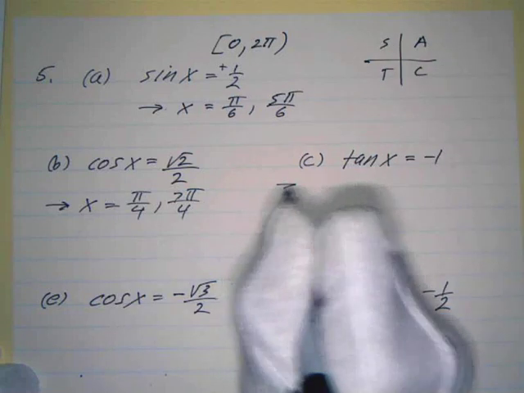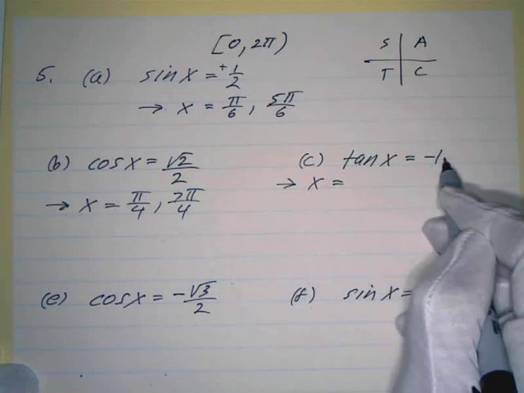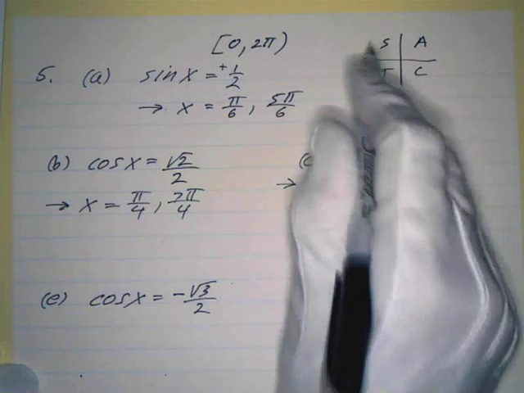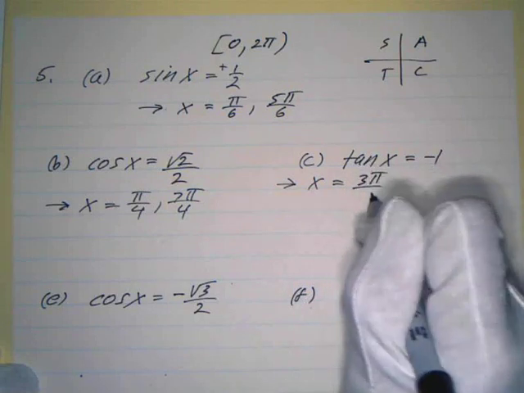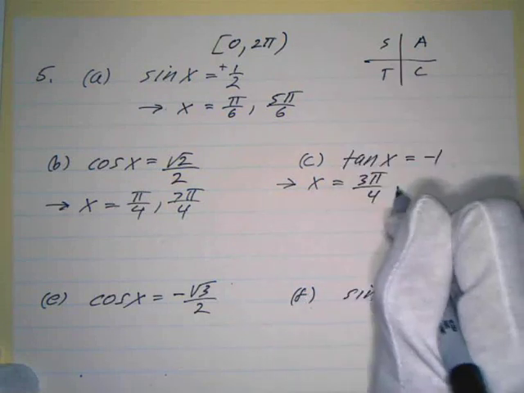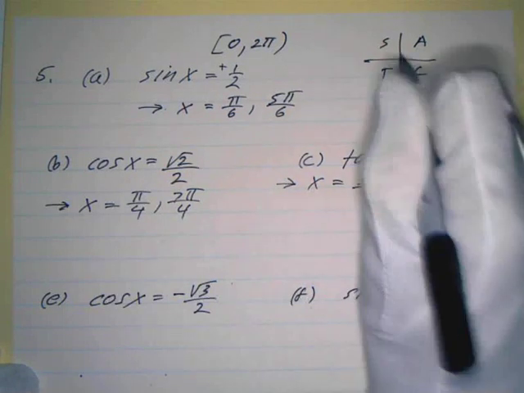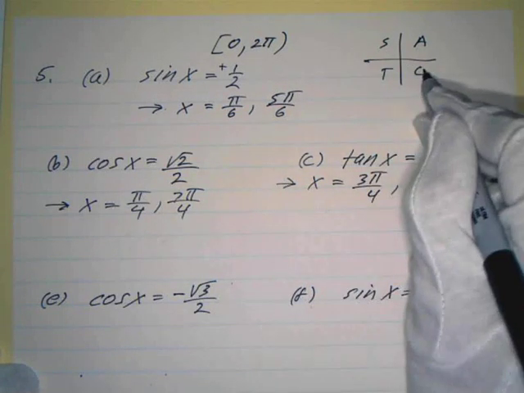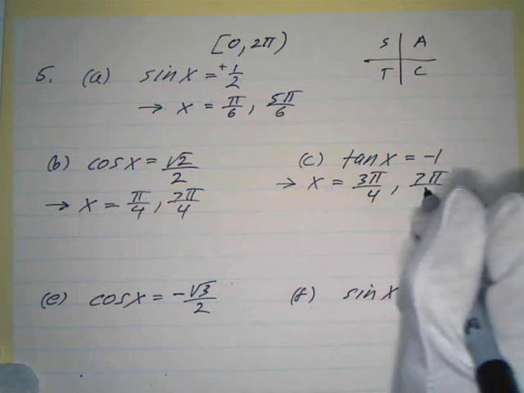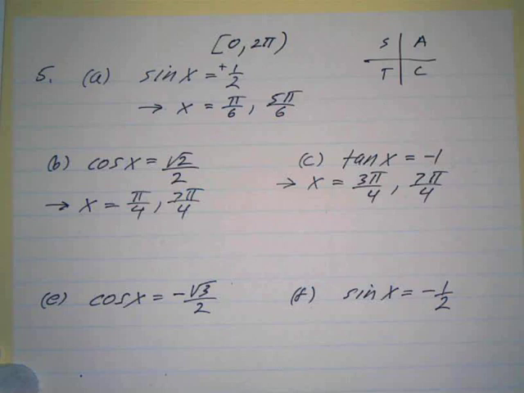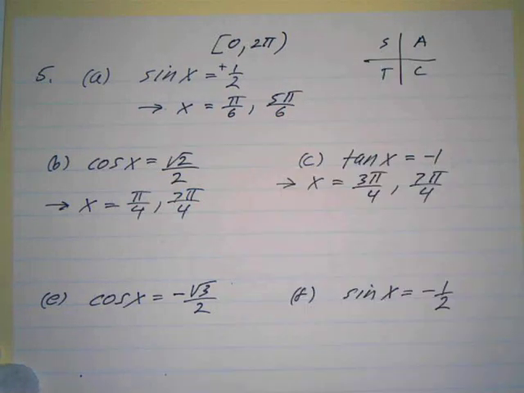So this is going to imply that x will equal, so the tangent of pi over 4 is 1, but it's going to be negative in this quadrant, so that's going to be 3 pi over 4. And it's also going to be negative 1 in this quadrant, okay, which will be 7 pi over 4. So these two quadrants here, 2 and 4.